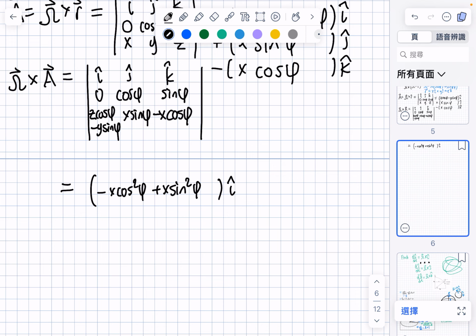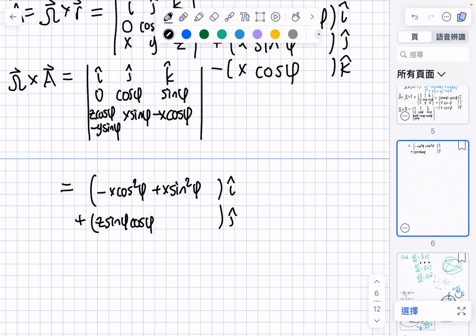So next we have minus j here. So that's 0. So we have z sine phi cos phi. Yeah, let me think. It'll be plus because the minus cancels out.